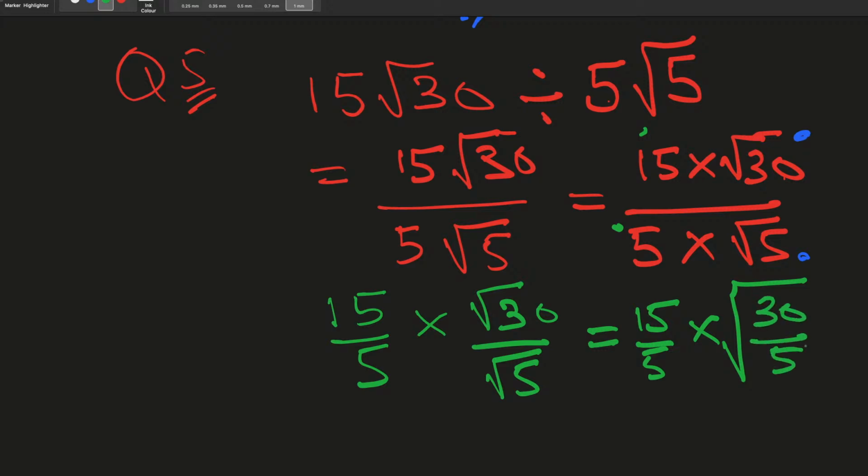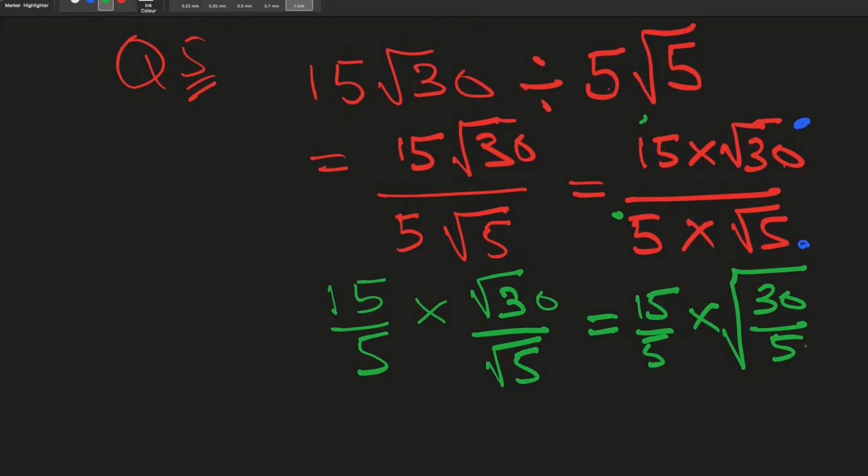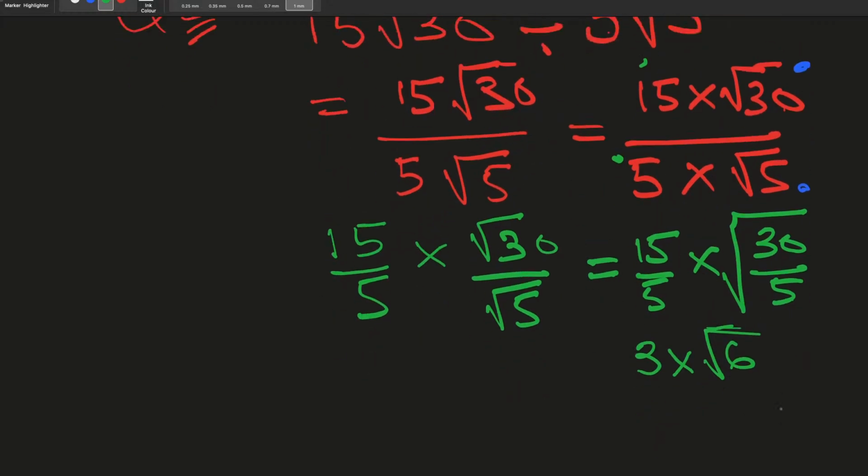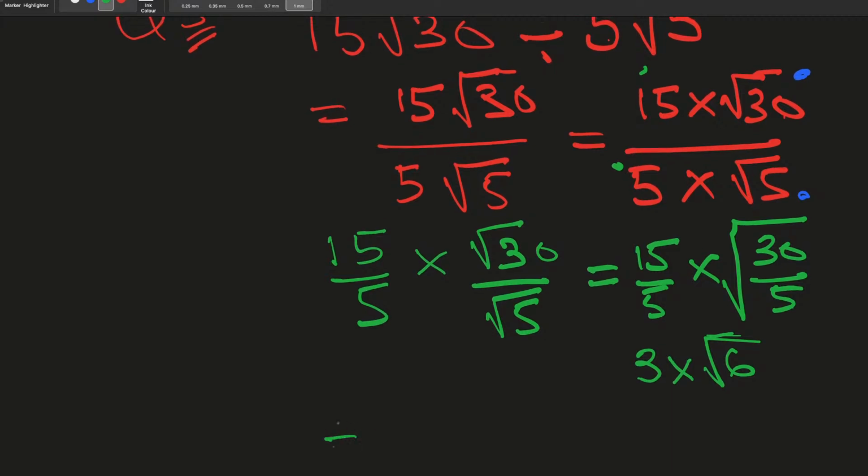If we apply the principles of surds, 5 will go into 15 how many times? 3 times. And 5 goes into 30 6 times, so that will be root 6. Therefore our answer will be 3 root 6.